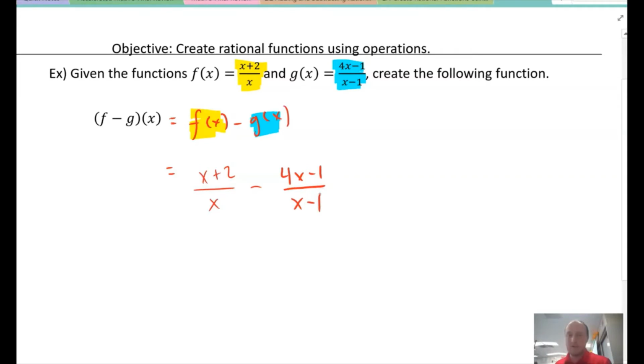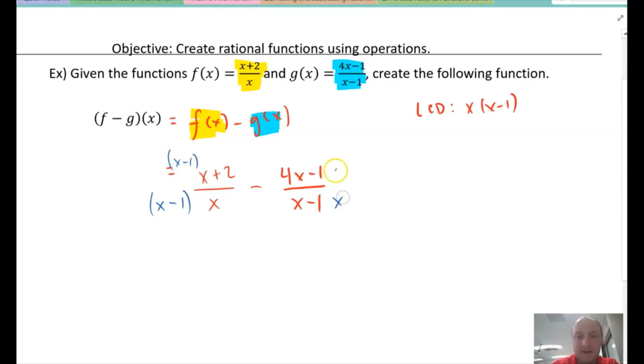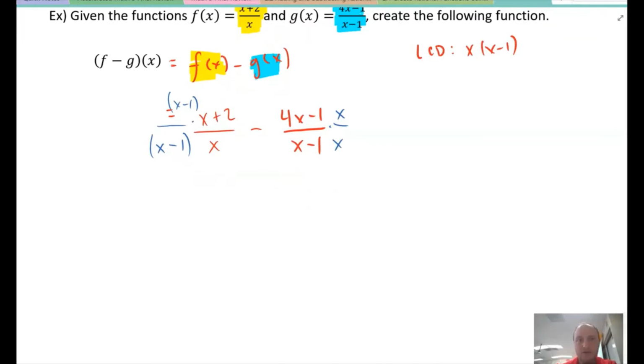Now we just have a regular subtracting of rational expressions. You're going to have to find your LCD, which clearly here is x times x minus 1. So we'll just introduce those factors. So x minus 1 multiplied by x minus 1. Over here, I'm going to multiply by x. That's kind of the shortcut way.